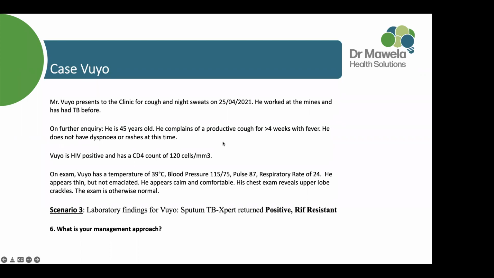So we need to distinguish between drug-sensitive TB and drug-resistant TB. The moment you see GeneXpert showing resistance to rifampicin, it's important to know that we are dealing with a drug-resistant TB.